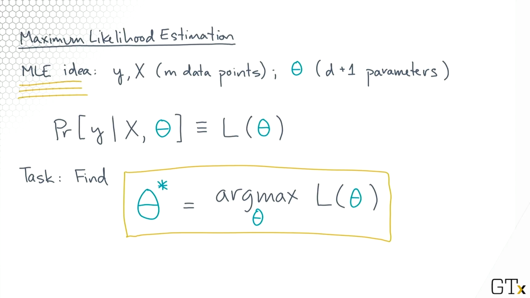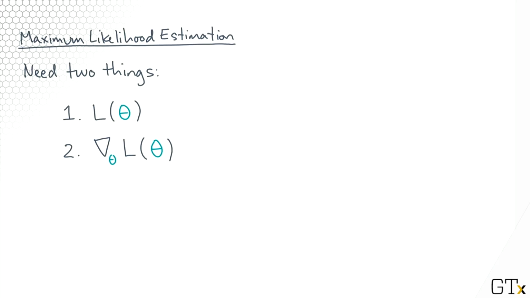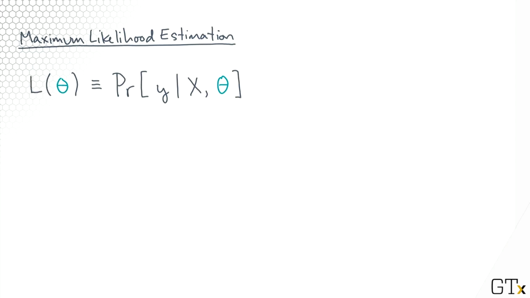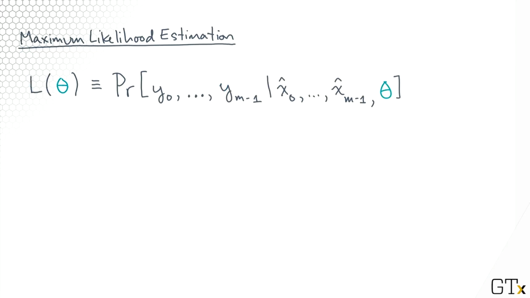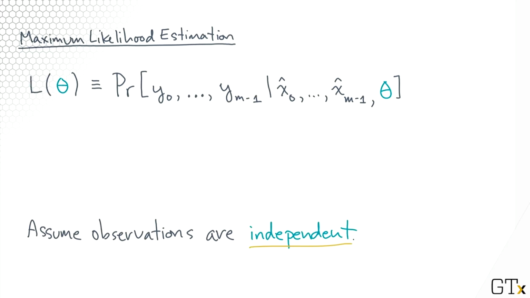So how do we do that? You're going to need two things. First, you need the likelihood. And since you want to maximize it, you need its gradient. So let's start with the likelihood. Remember, it's defined as the joint conditional probability of the labels given the coordinates and parameters. So let's consider the likelihood in terms of the individual observations. Now here's our first simplifying assumption.